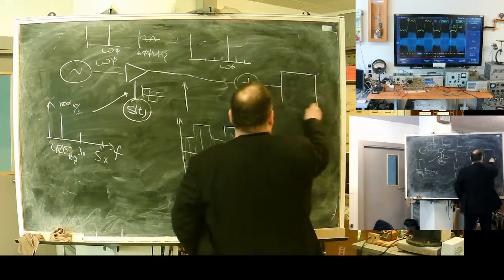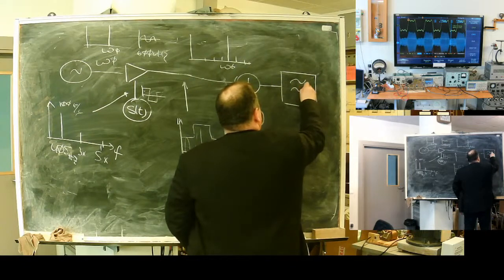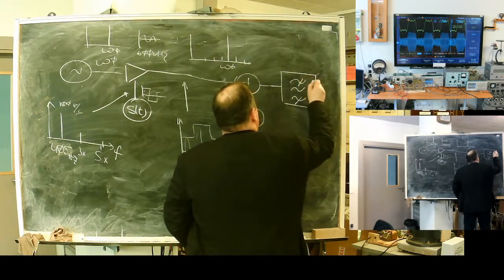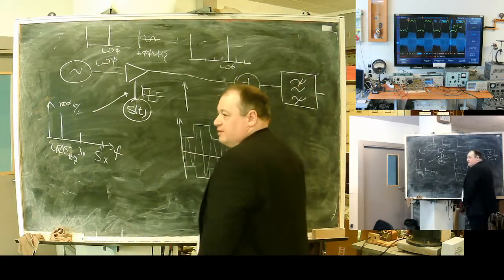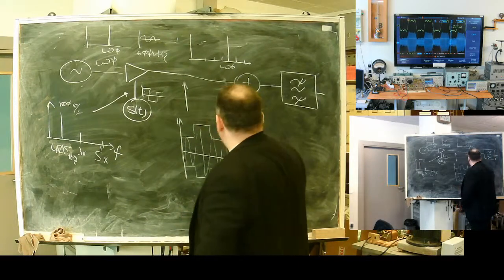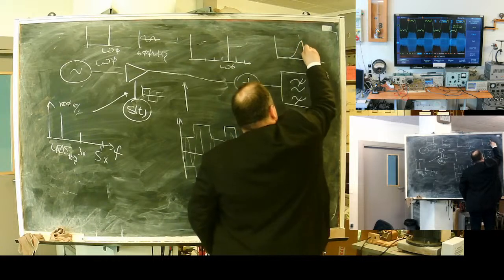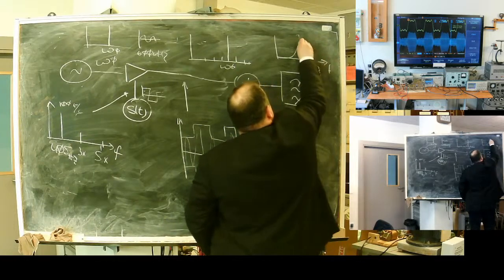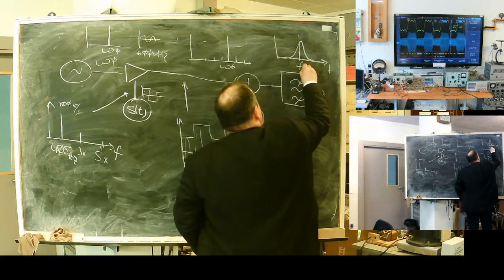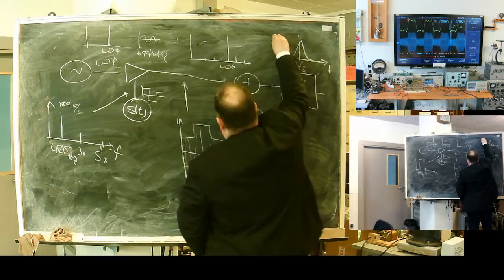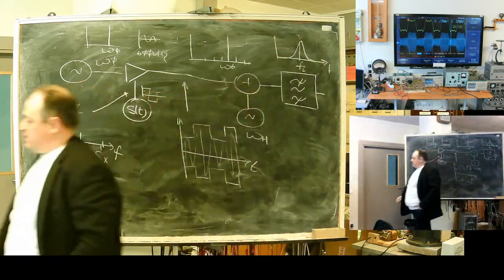Next step is to apply a filter with a transfer function like this at a frequency I will call Fi, an interim frequency.